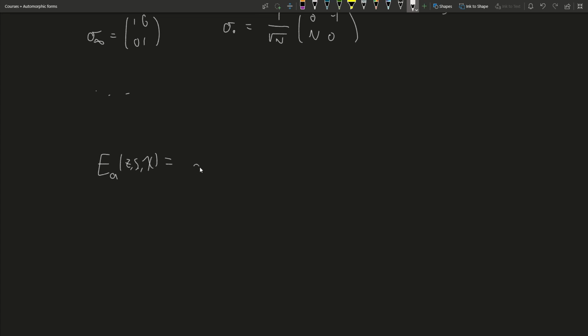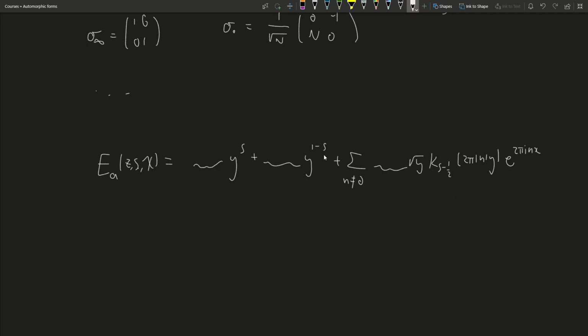They're going to look like something times y to the s plus something else times y to the 1 minus s, plus a sum over n not equal to 0 of something times square root y times K Bessel function, index s minus 1/2, of 2 pi n y, times e to the 2 pi i n x.